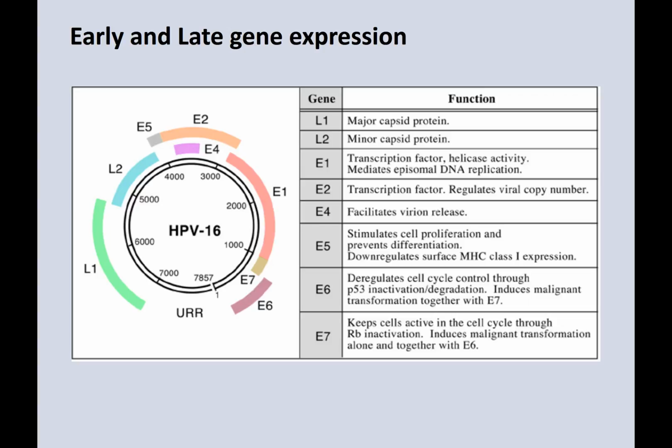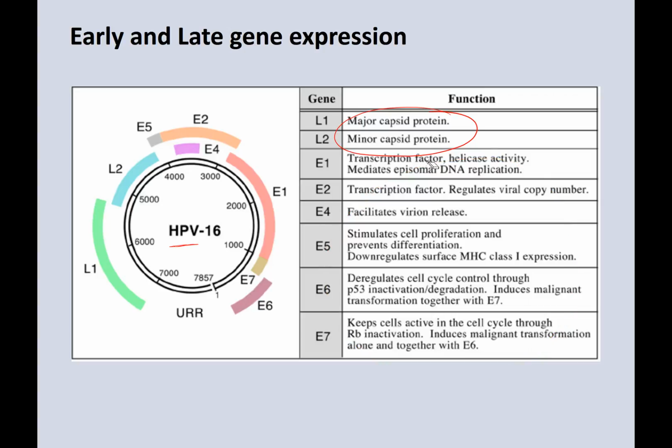So, for an example, human papillomavirus has early and late gene expression. So it controls when it's going to produce the capsid. And that's later because that's needed later in the assembly process than when it's going to do replication of its DNA.